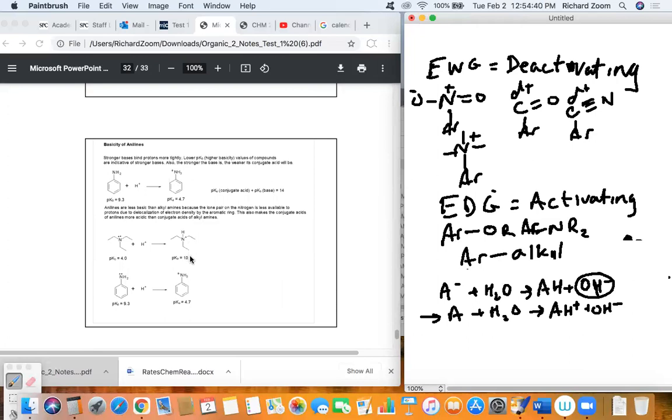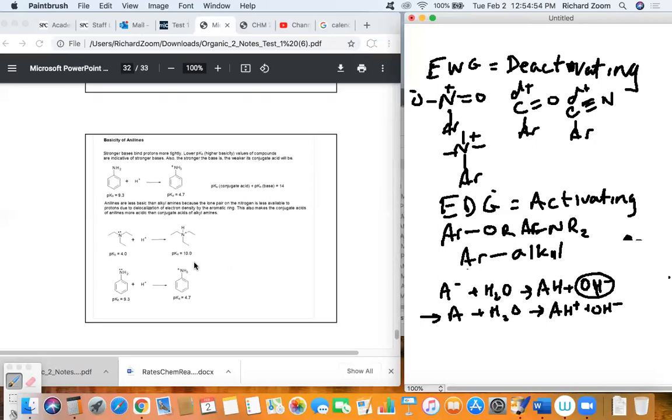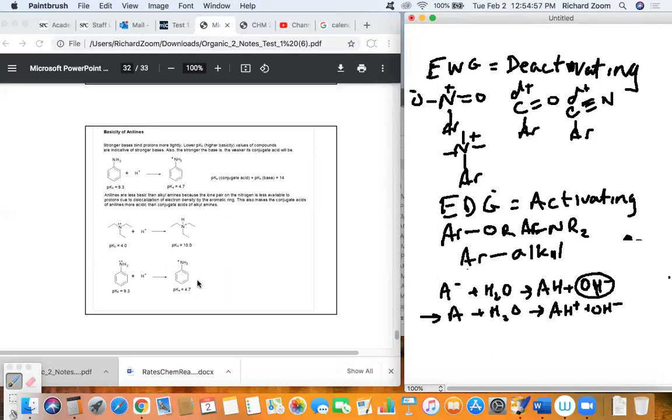So what happens when we add H plus to these, and these can go back in the other direction and release H plus and become these bases again, going in the opposite direction. So those you'll notice for the amine, the aniline, it's going to be a whole lot more acidic than the amine H+. So what you said earlier is true, Julie. What's true for acids is the opposite for bases.